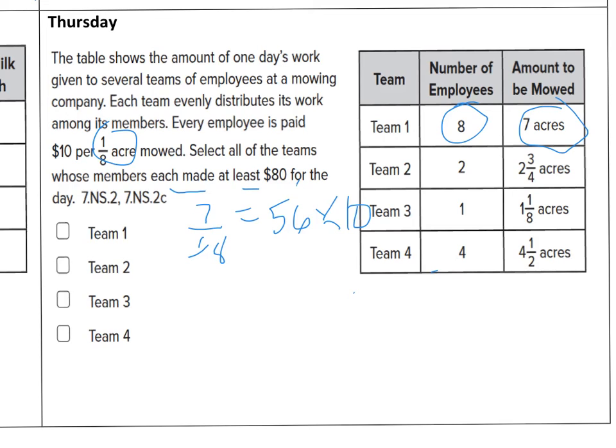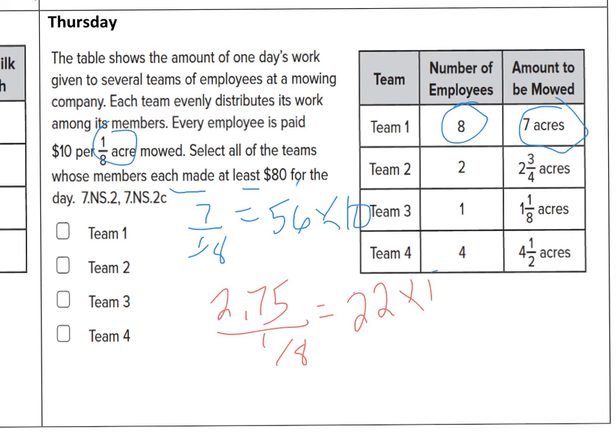Now for Team 2, we would do the same thing. We would take the 2 3/4, which is 2.75, and divide that by 1/8, and we end up with 22.